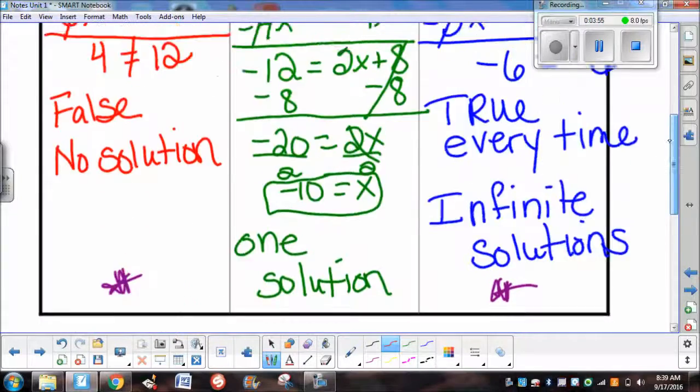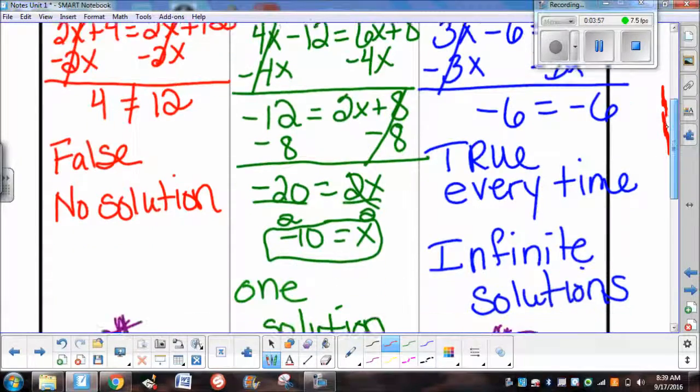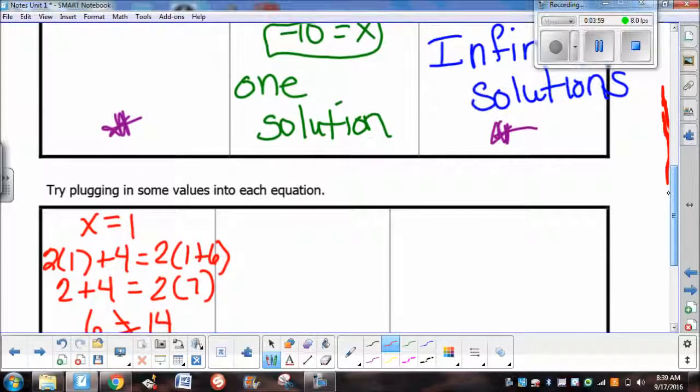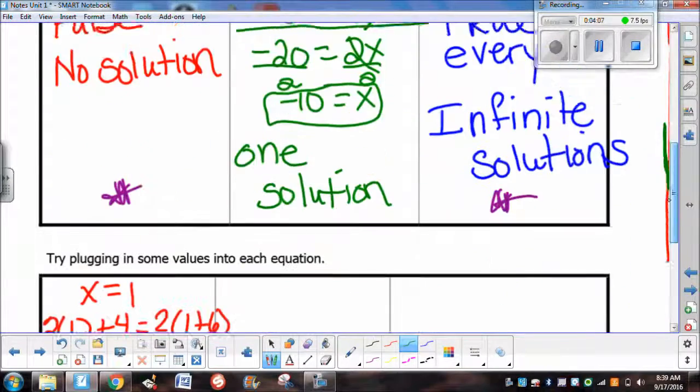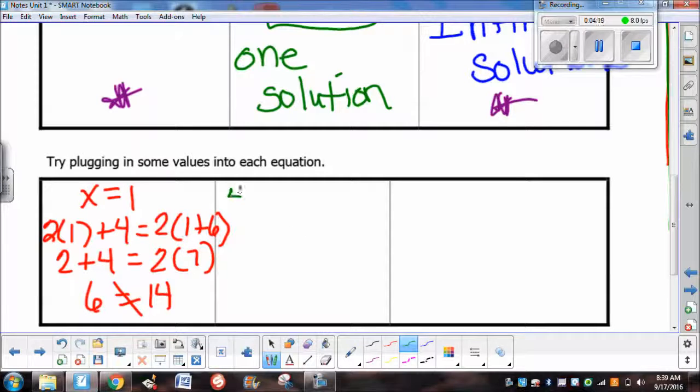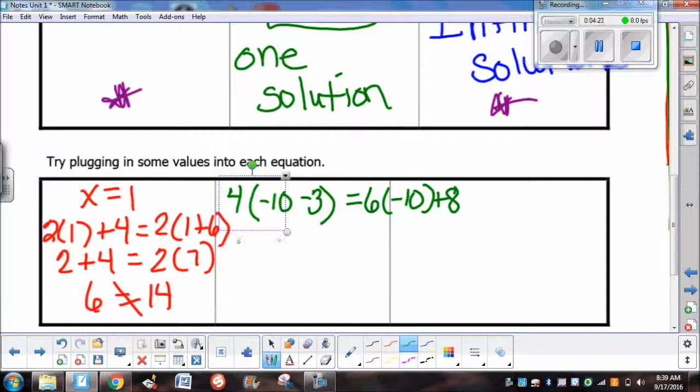So then let's look up at the second one. Now our solution was x equals negative 10. That's the only one that's going to work or check. So if I put negative 10 into my original equation, wherever I see an x, okay, just did that substitution.